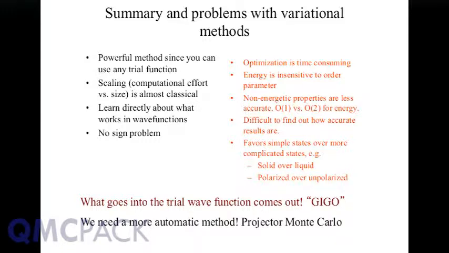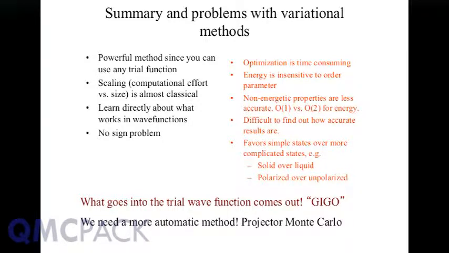However, the optimization can be somewhat time-consuming. The energy is insensitive to order parameters. Namely, if you're trying to decide whether the system is magnetic or non-magnetic, the energy may be a hard way of seeing that. Non-energetic properties are much less accurate than the energy. It's difficult to find out how accurate you are.